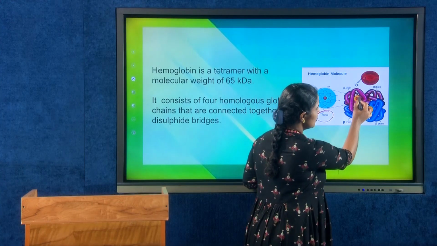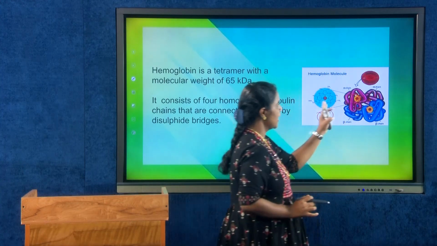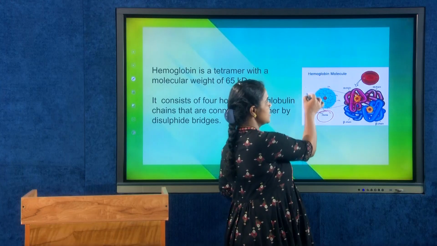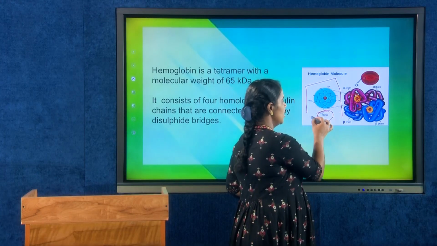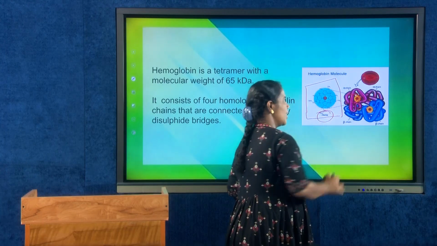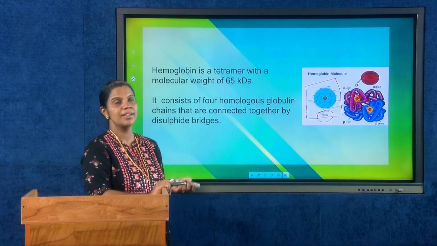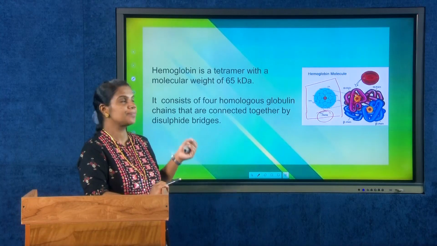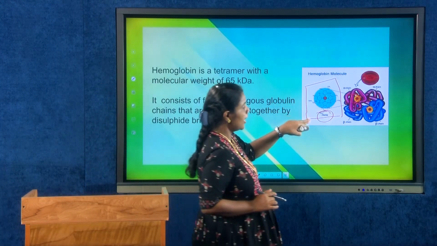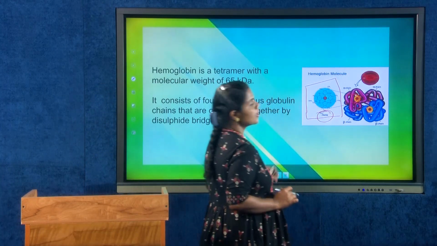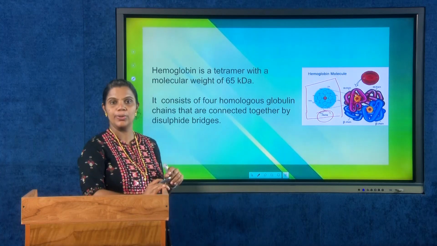This is shown here and enlarged here. This is the heme group. You have already learned about heme in the lower classes and in the previous lectures.